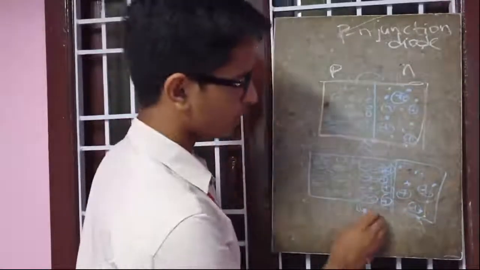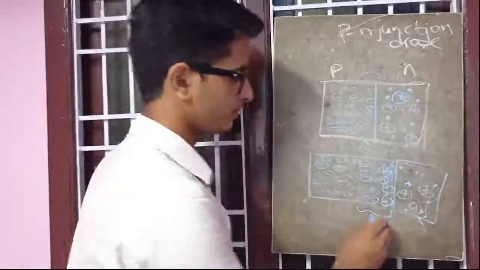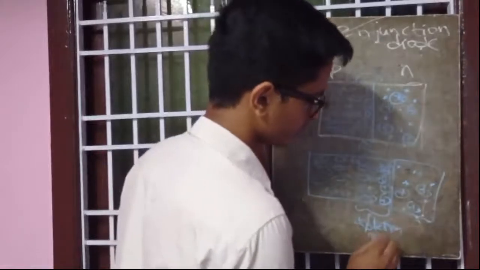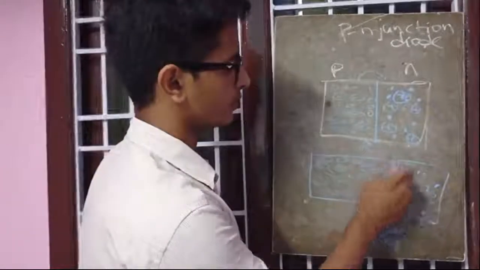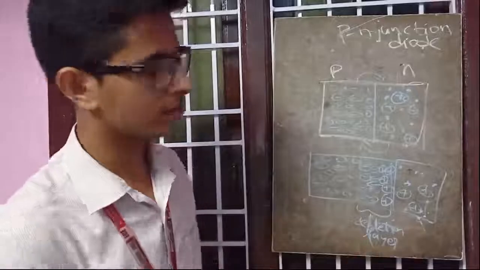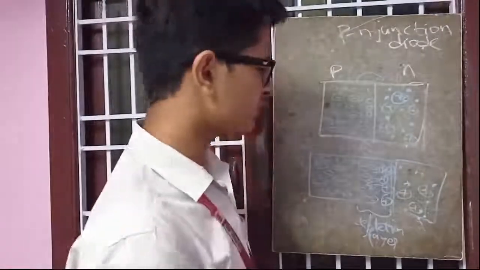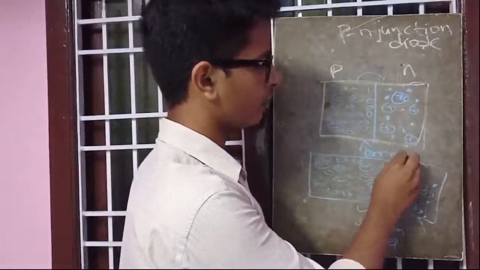This is called depletion layer or potential barrier. In this depletion layer, there will be some voltage because of the electric field induced between the two charges. So this potential barrier voltage that is formed is known as barrier voltage or barrier potential.